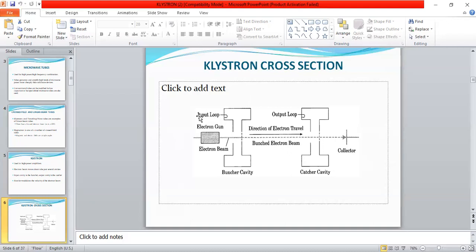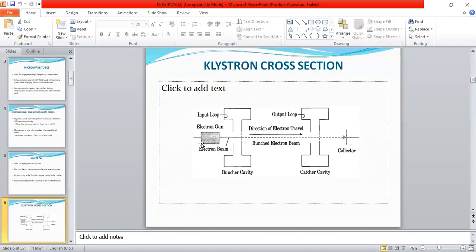The input signal applied is an AC signal at microwave frequencies with lower amplitude or lower power level. Through this input loop, we apply the input signal, whose power has to be amplified by the klystron amplifier. We apply that input signal from the input loop to the buncher cavity. Now the buncher cavity has an alternating signal at microwave frequencies.